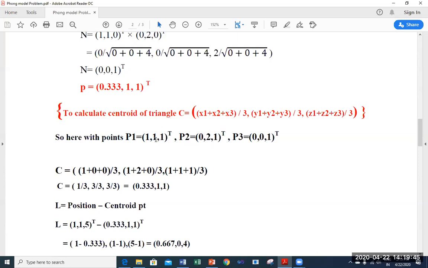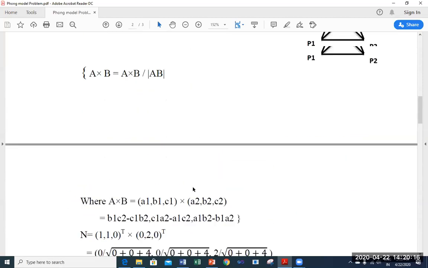Comma b1 is 1, b2 is 2, and b3 is 0, so 1 plus 2 plus 0 divided by 3. Next c1 1, c2 1, and c3 1, so 1 plus 1 plus 1 divided by 3. So here 1 by 3, here 3 by 3, then here 3 by 3. So in this you got the centroid of the triangle 0.33 comma 1 comma 1. This is how you got the centroid of the point.